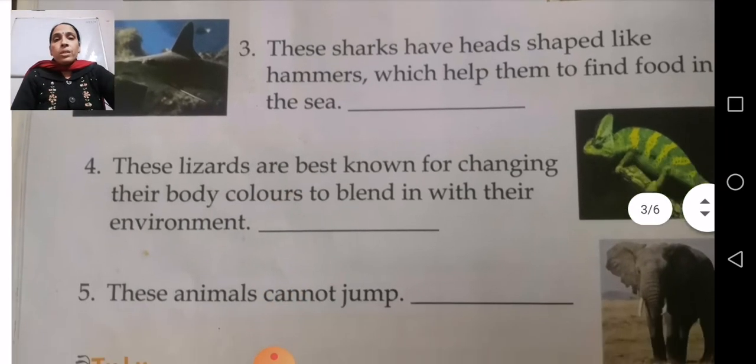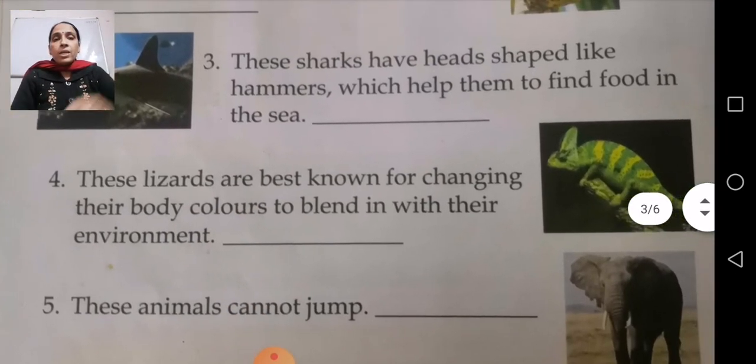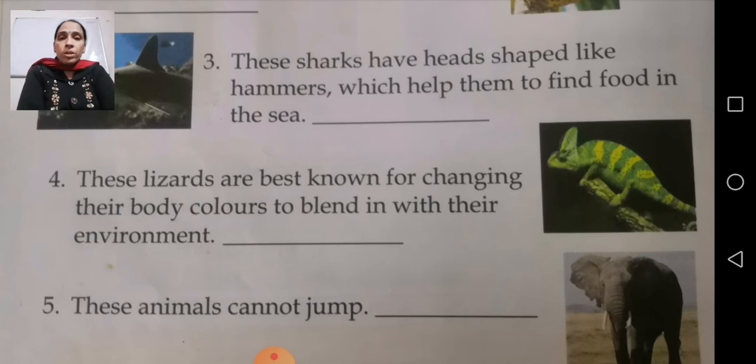Number 4, these lizards are best known for changing their body colors to blend in with their environment. That is chameleon. Chameleon is well known for changing body colors. Now we'll come to number 5. These animals cannot jump. Yes, the elephant cannot jump.